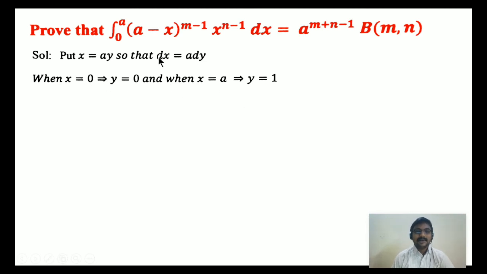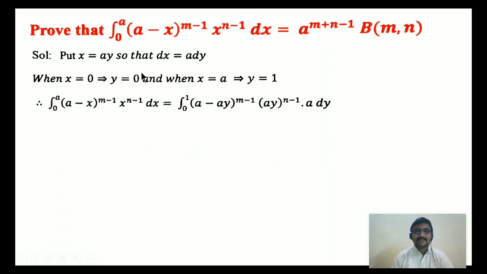So with these values, the given integral on the left hand side becomes integral of 0 to 1 (a minus x), but what is x here? ay. So (a minus ay) whole power m minus 1 into x power n minus 1, but what is x? The x value is (ay) whole power n minus 1, and dx value is a dy.